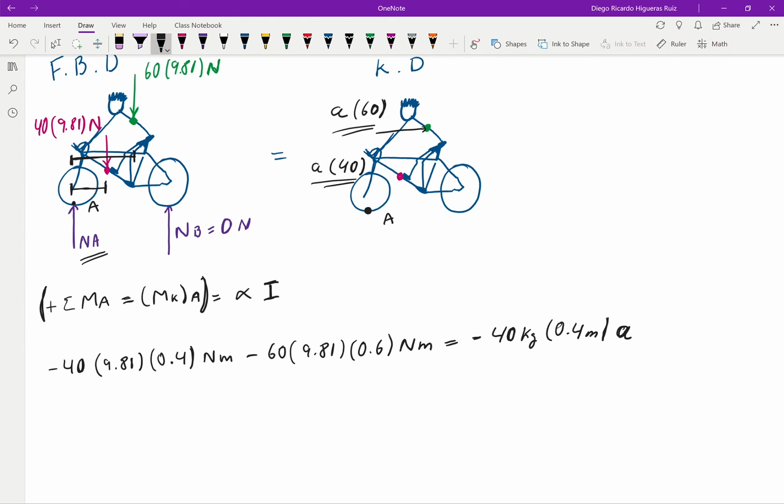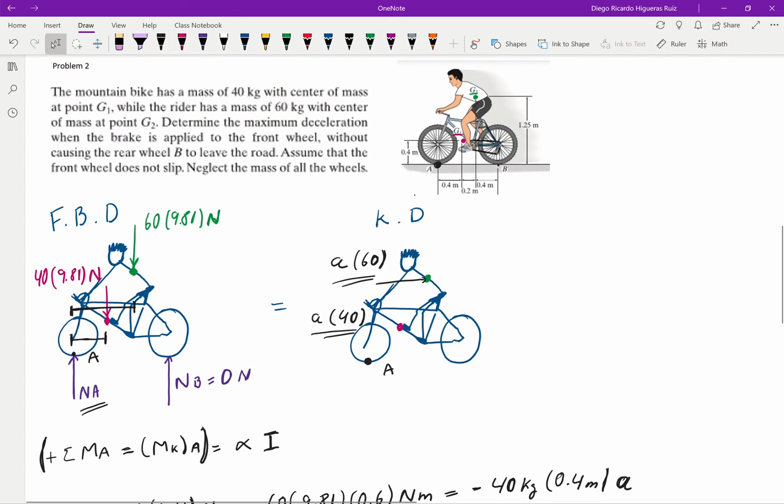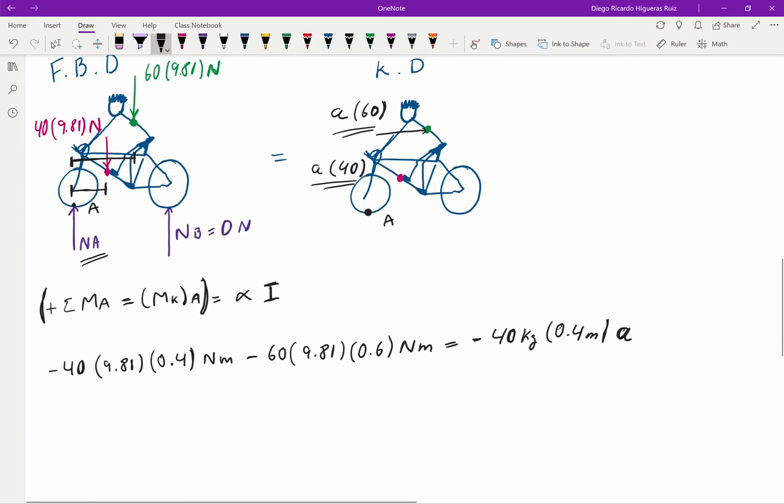And that acceleration is the acceleration of this guy riding the bike, and it's supposed to be negative because he's decelerating.